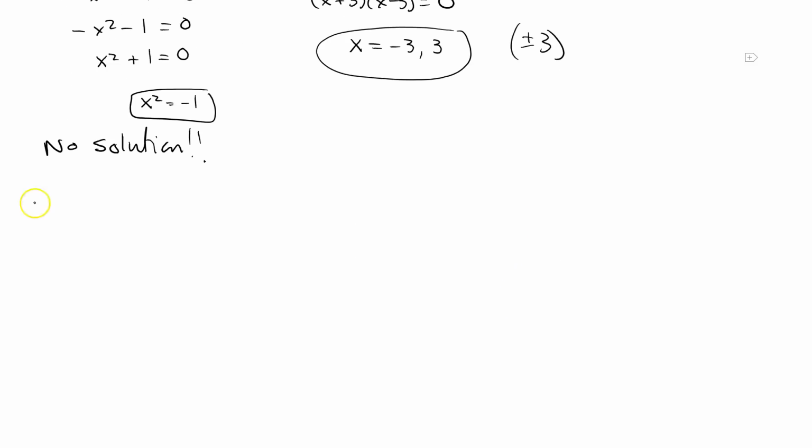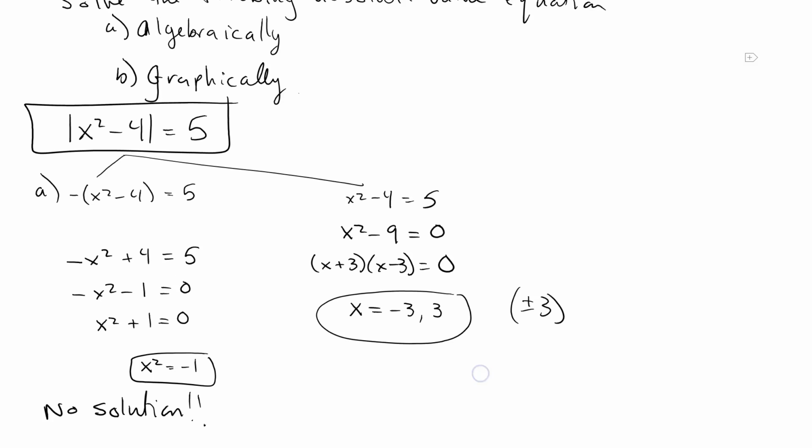So let's graph it. First things first, we want to have y1 equals the absolute value of x squared minus 4, and then we're going to graph a second equation equaling 5. So we take this whole equation here and we set one side equal to y1, we set one side equal to y2, and we treat them as two different functions intersecting.